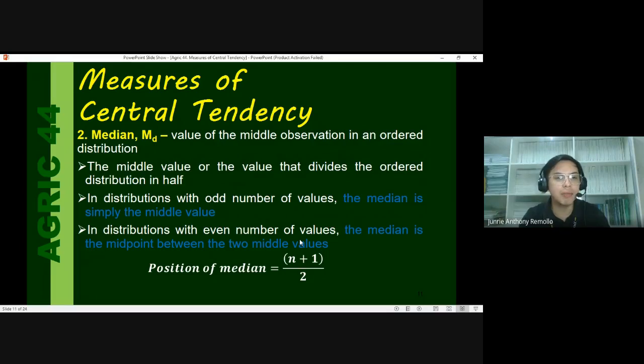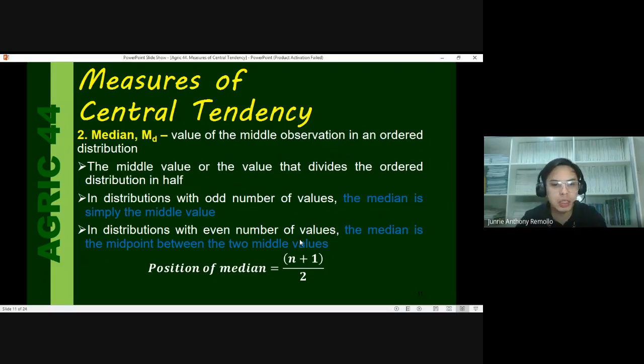Then the second one is the median. It is the value of the middle observation in an ordered distribution, the value that divides the ordered distribution in half. In distributions with an odd number of values, the median is simply the middle value, yung pinakagitna. It is easy to determine the middle value if the number of values is odd.